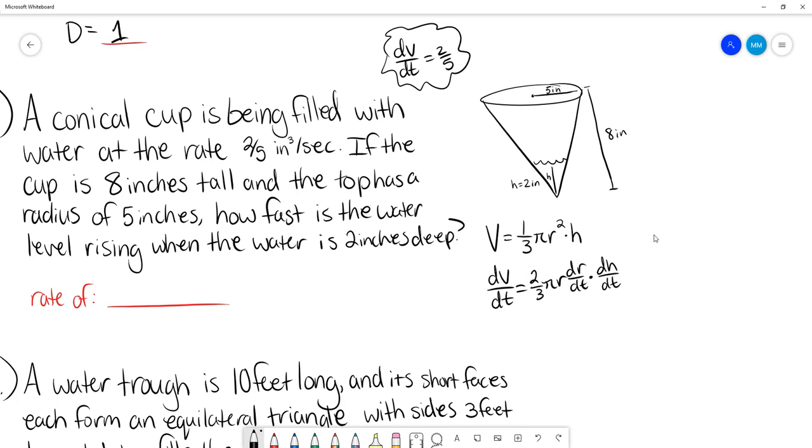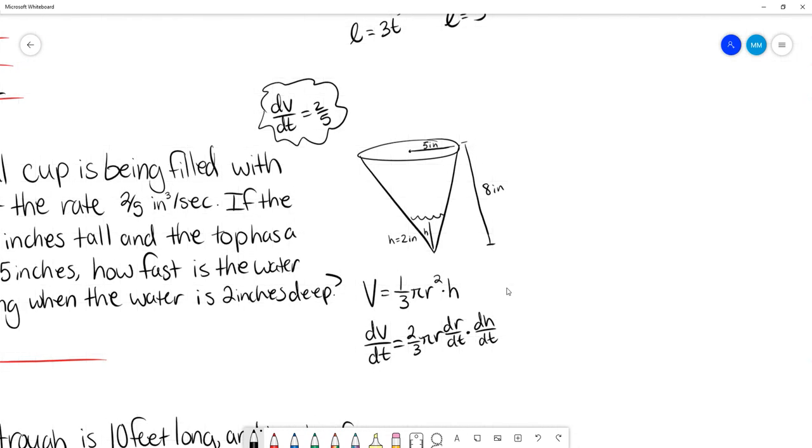So what we have to do is recognize that when we have this cone, and we have our height and our radius, we're forming a triangle here. So we're forming this triangle where that's 8 by 5, right? And inside of our cone is going to form a similar triangle, where in this case it is our h and our radius.